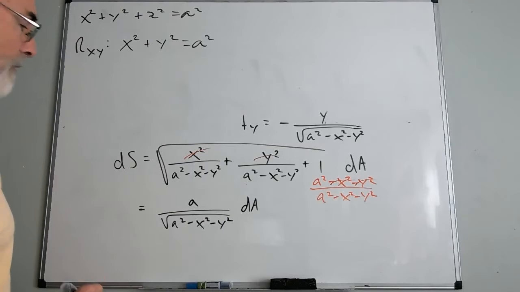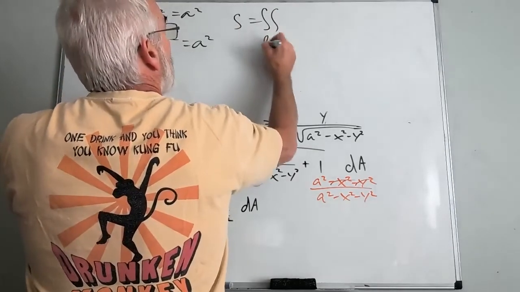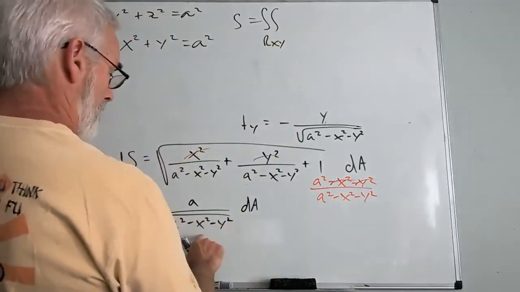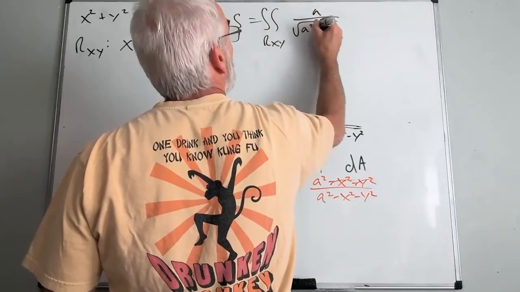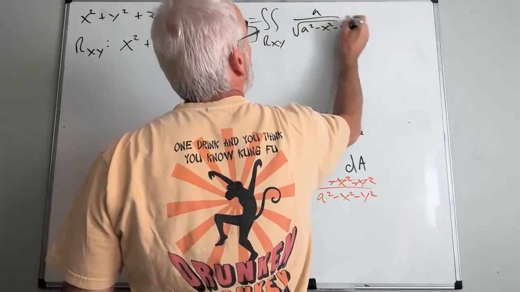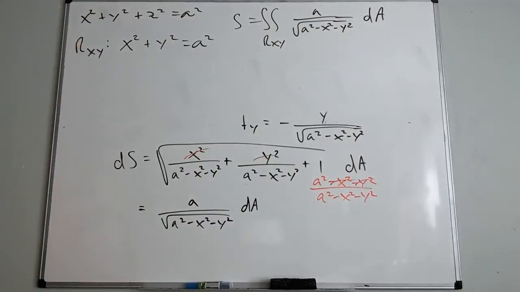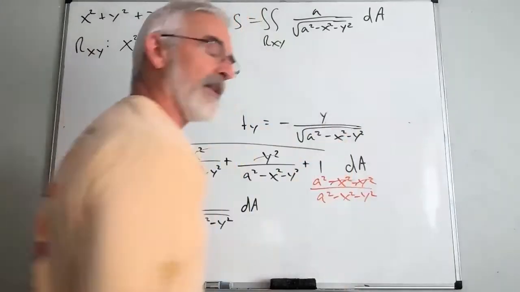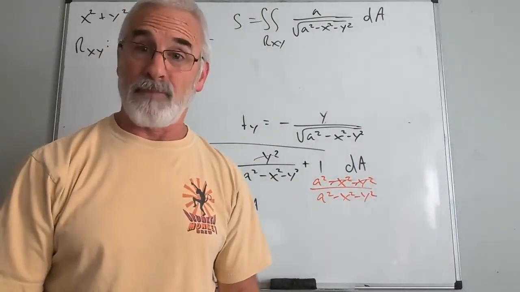Okay. Well, right now we have that the surface area equals this, okay? Well, my region in the XY plane is a circle, and I see an r squared sitting right there. So again, this one is ripe for polar.